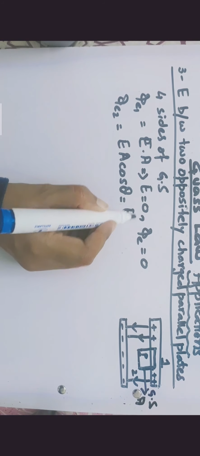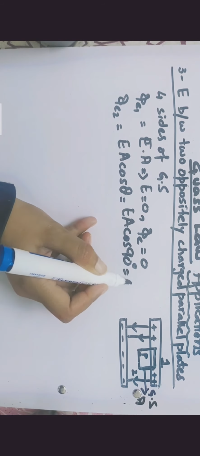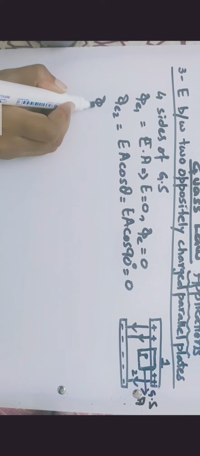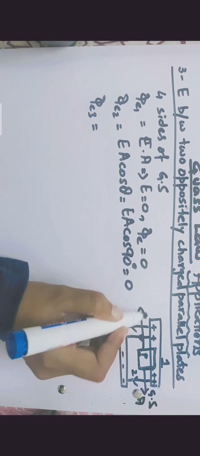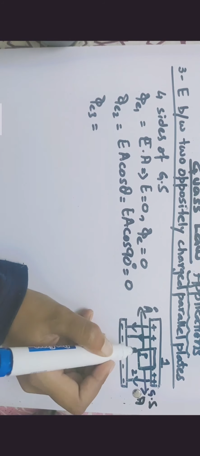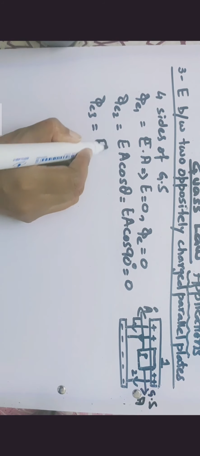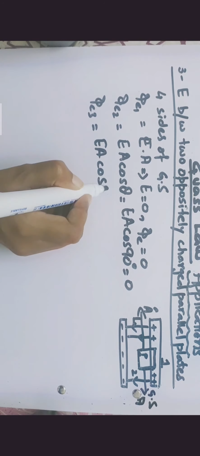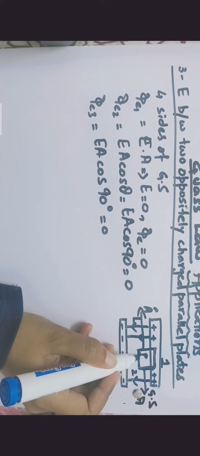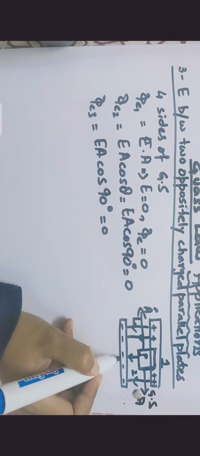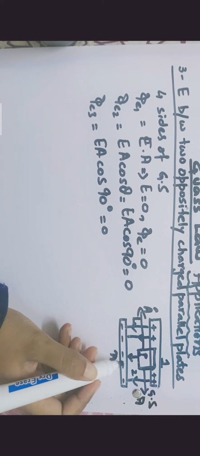Putting the value of theta as 90 degrees, EA cos 90 degrees is 0. For the third side, I'm drawing the area's direction by drawing a normal, and the direction of electric field lines is downward, so the angle is again 90 degrees, and we get the result equal to 0.